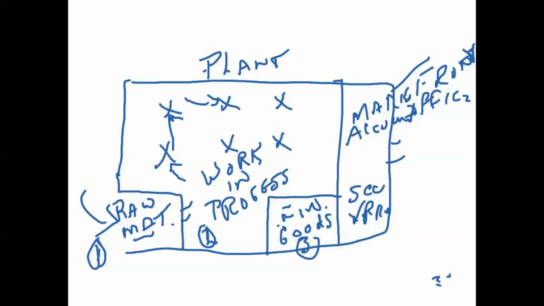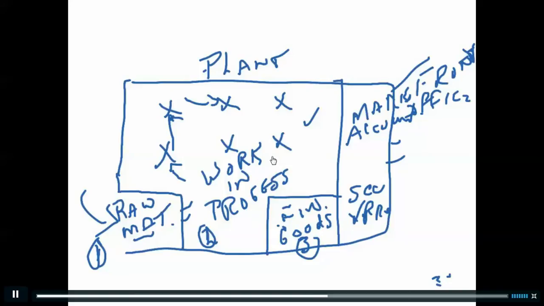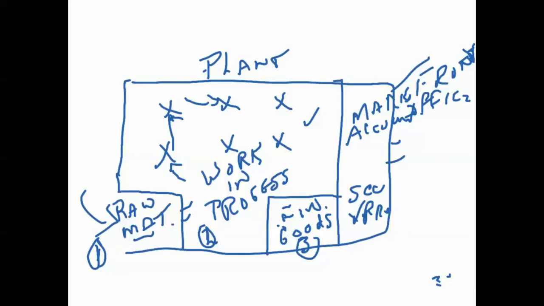Now, another important classification of costs here. These are costs, and here, put my iPad away. Expenses are costs, but they're not expenses in the same sense as salaries expense on the income statement. These are asset costs. All the costs here in the plant are part of the cost of inventory, so they are called product costs.